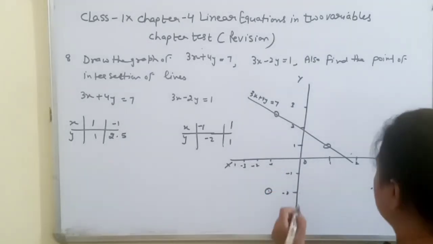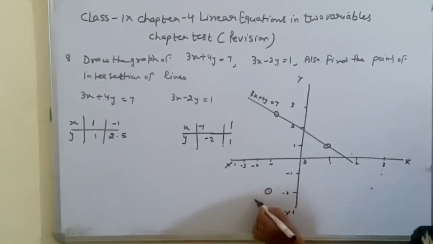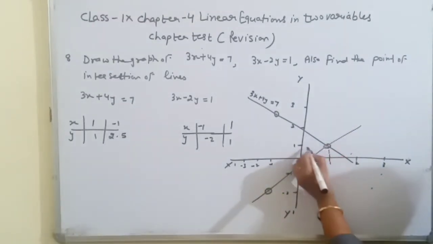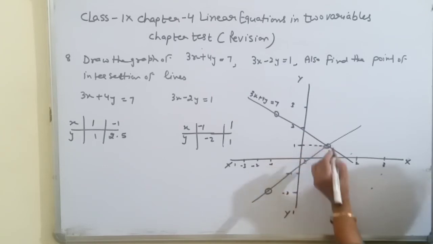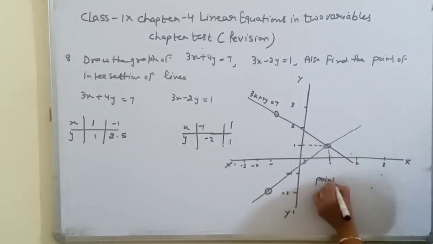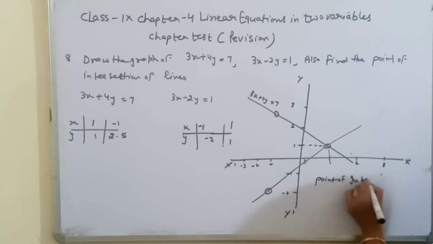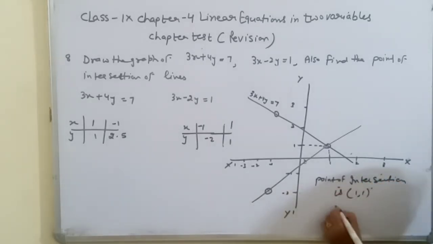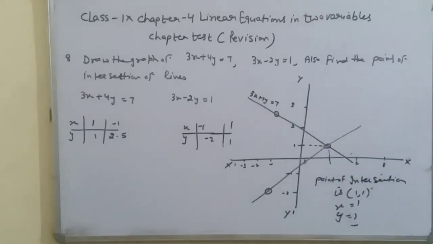And second is x 1, y 1, same. So let's draw. What is the point of intersection of these two lines? Yes, this is the point of intersection. Point of intersection is 1, 1. It means x is 1, y is 1. Now this was the result for question 8.